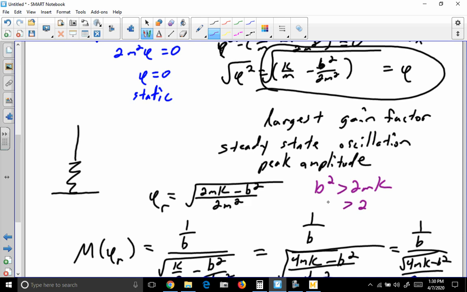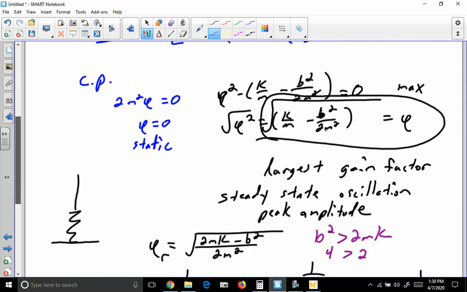If b is 2, that would be 4. If b squared is more than 2mk, we get a negative number underneath there, and we can't take the square root of a negative, so the second critical value is imaginary. So the only critical point we have is when gamma is 0.